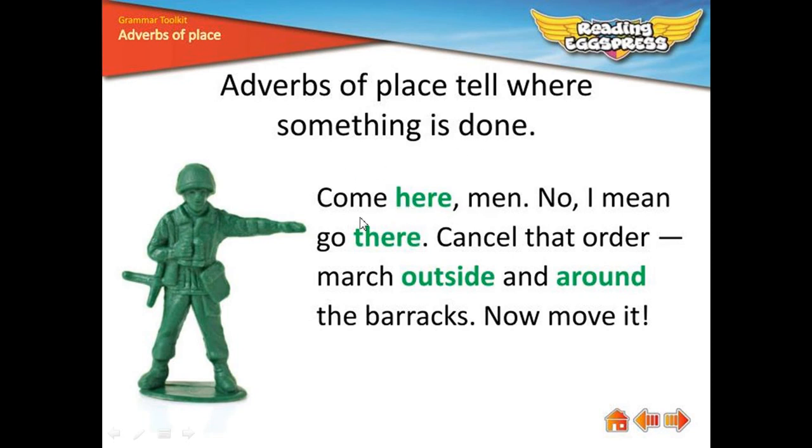Here expresses where the action of coming happened. Go there. There expresses where the action to go happened. Outside and around express where to march. So these 4 words are adverbs of place because they express where the action happened.